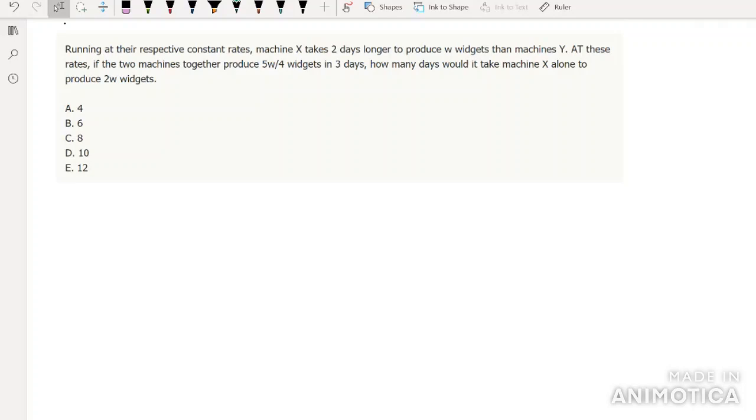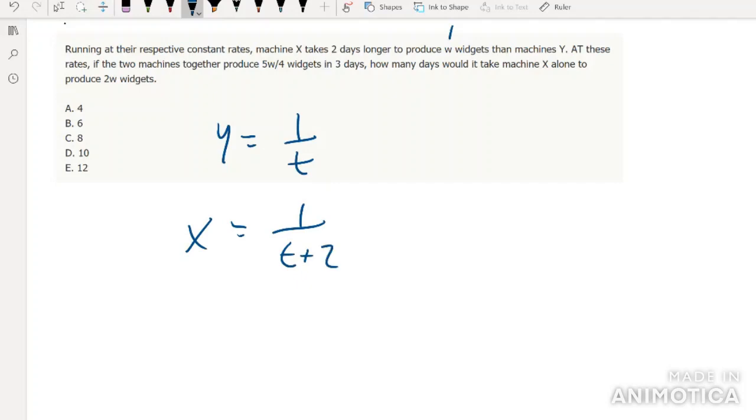Running at the respective constant rates, machine X takes 2 days longer to produce W widgets. So let's just say W is 1. That's the job. So if Y takes T days, then Y equals 1/T, which means X is 1/T plus 2 because it takes 2 days longer.